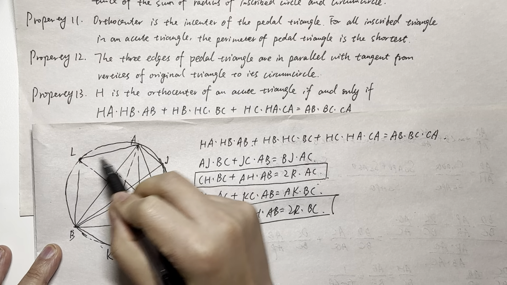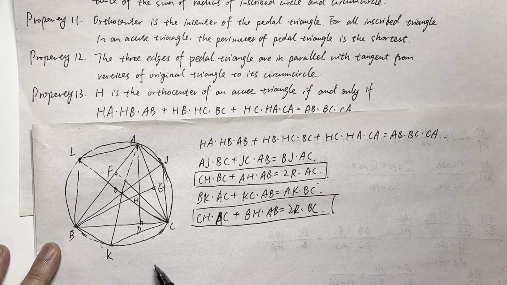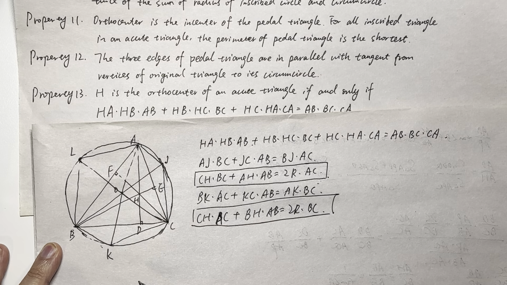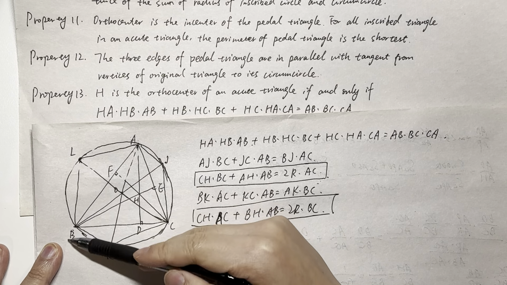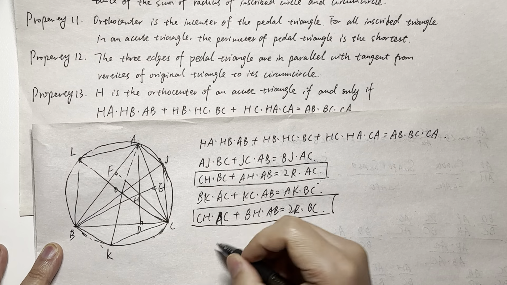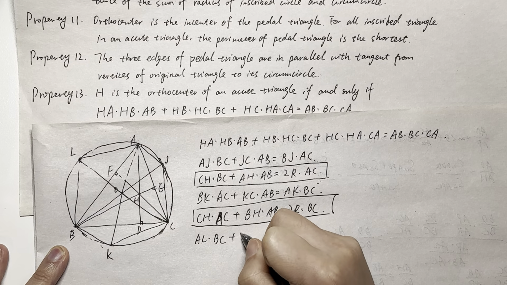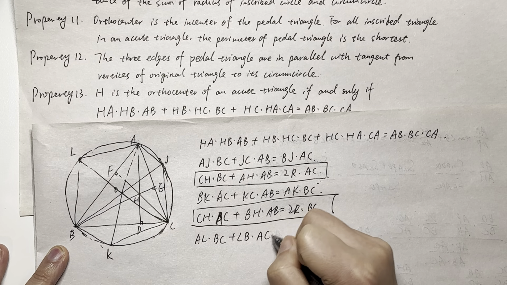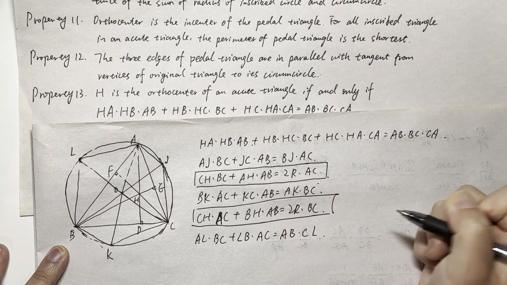ALBC, okay, ALBC, we know that AL equals BH and LB equals AH, right? So in ALBC we have AL times BC plus LB times AC equals AB times CL, right?